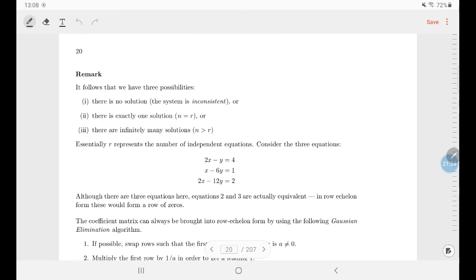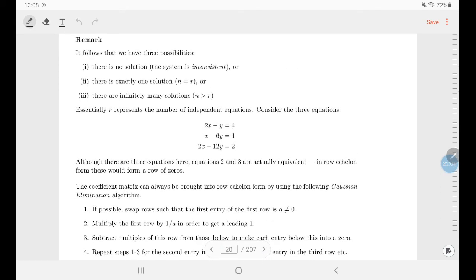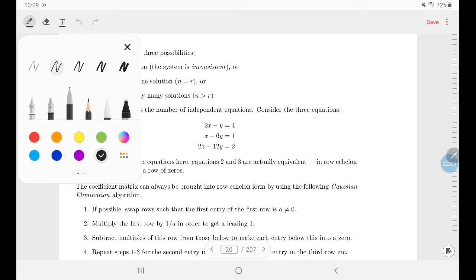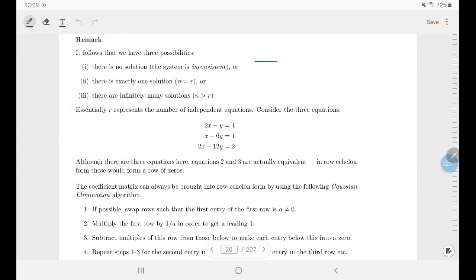Okay. So there are 3 possibilities. There's no solution, and that is when you have a row 0, 0, 0, something non-zero. There's exactly one solution, which means no parameters: every column has a pivot.